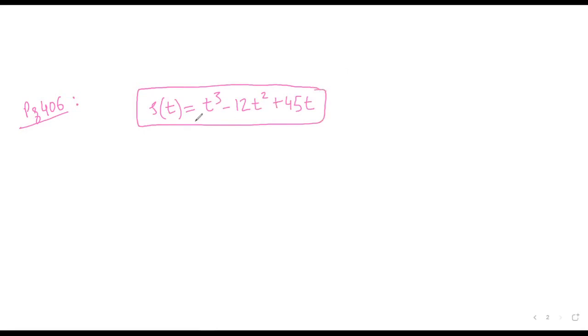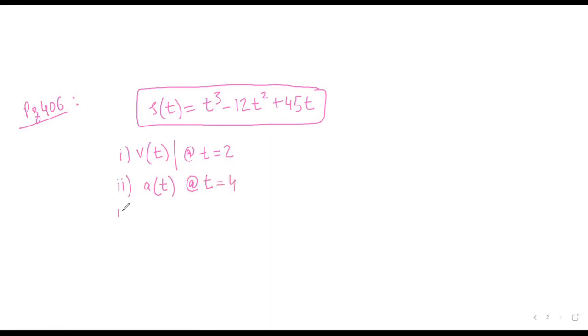So for example, in this question, what they are asking is what is the velocity at t is equal to 2. This is the first question. The second question is, find the acceleration at t is equal to 4 seconds.